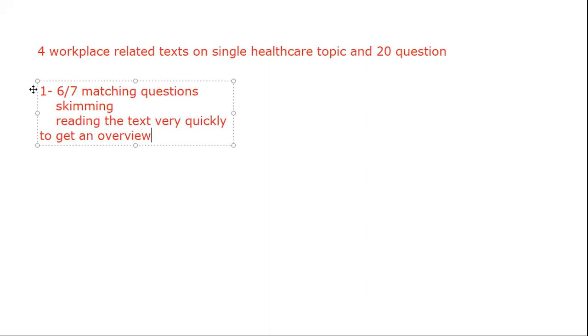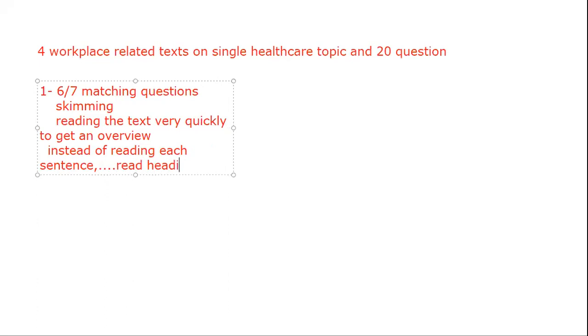What do I read? Do I read every single word? No. So what do I read? Instead of reading each sentence, what we do is we read headings, subheadings, okay?